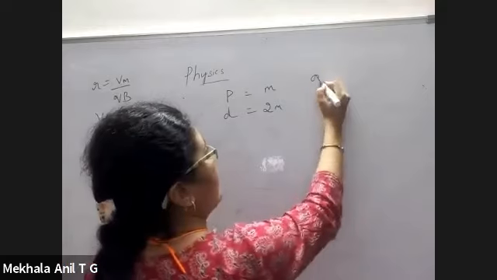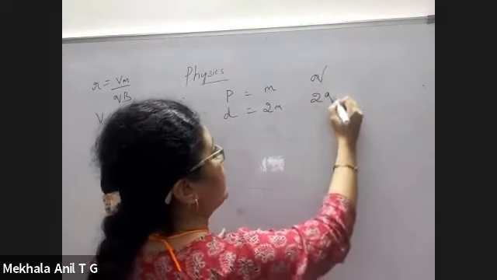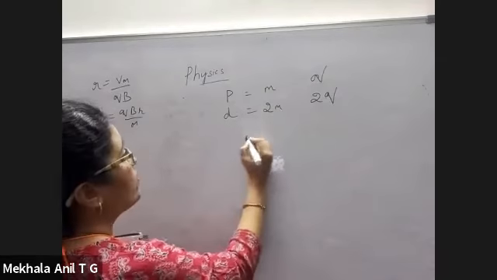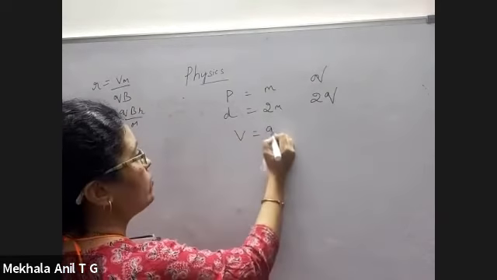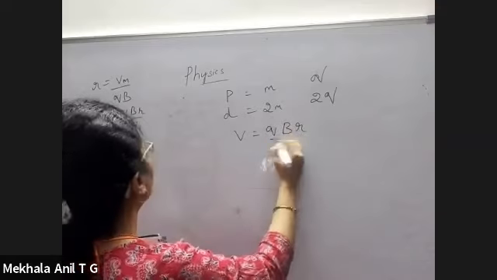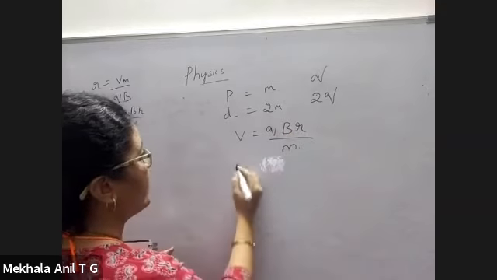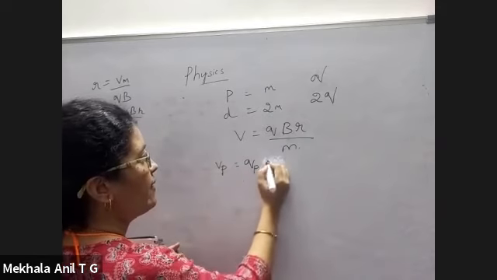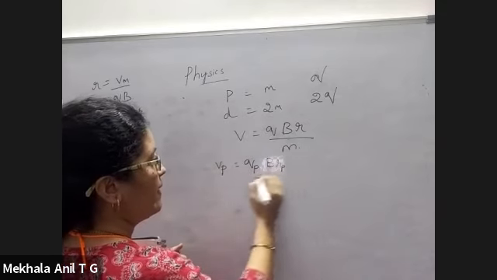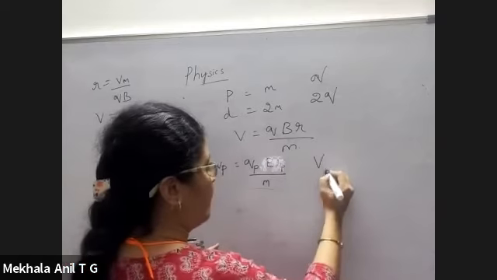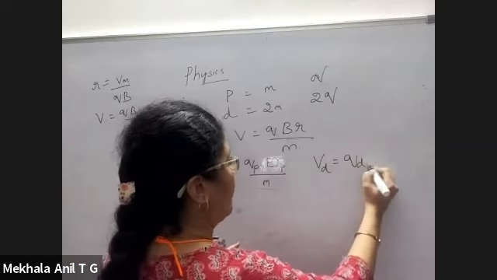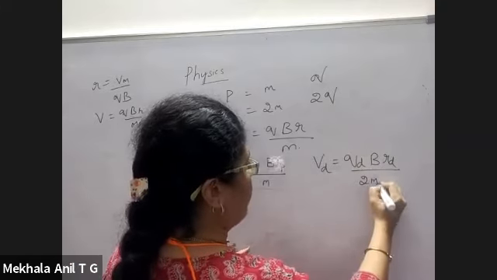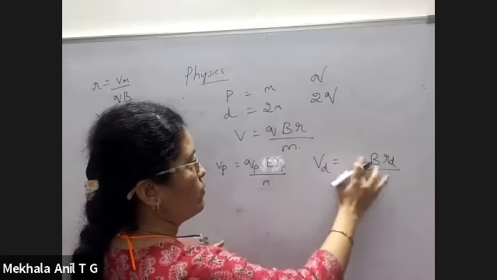For the proton, the charge is q. For the deuteron, it is 2q. So we know the equation v is equal to QBR by m. I will represent it as vP, which is equal to QP B RP by m, and vD is equal to QD B RD by 2m. This is also 2q.